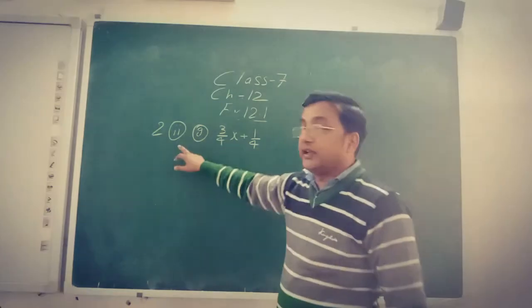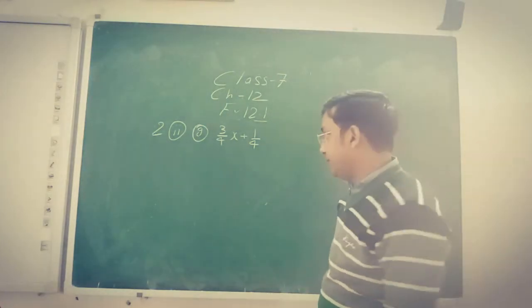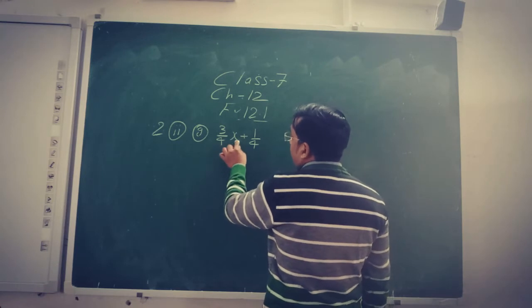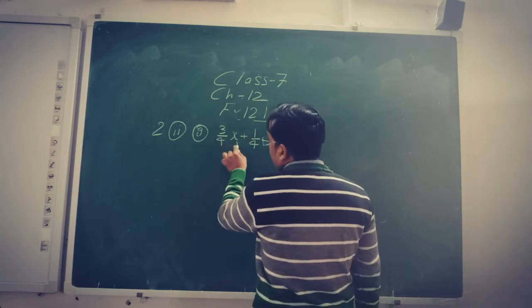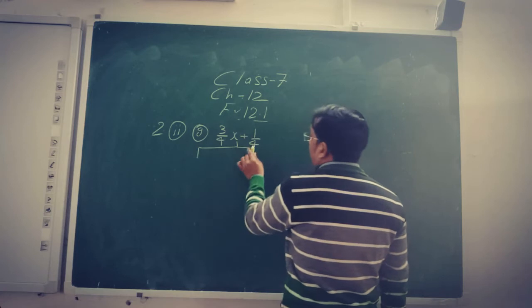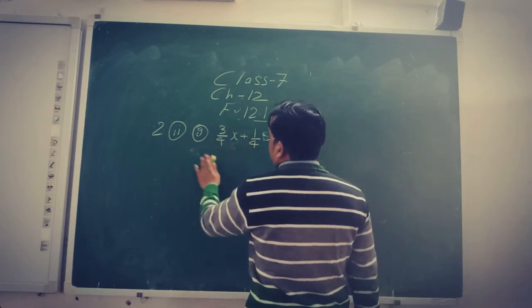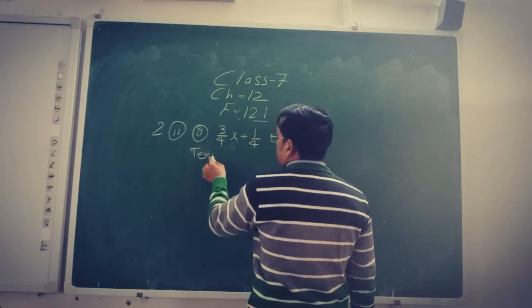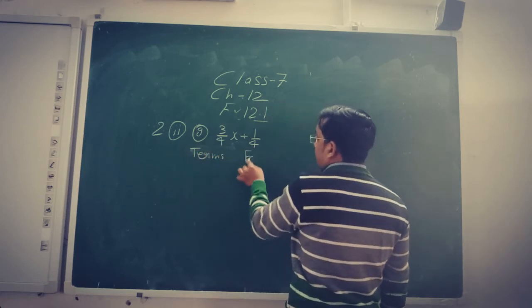Now the second part. Here also we can draw a tree method, tree diagram, or you can make a box also for this. You can make like terms and then factors.